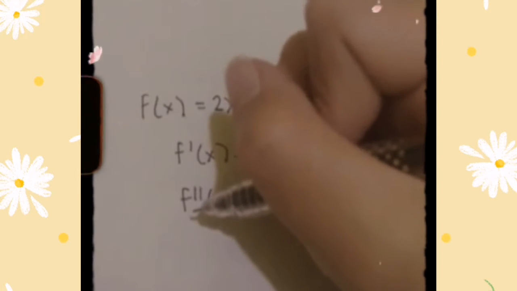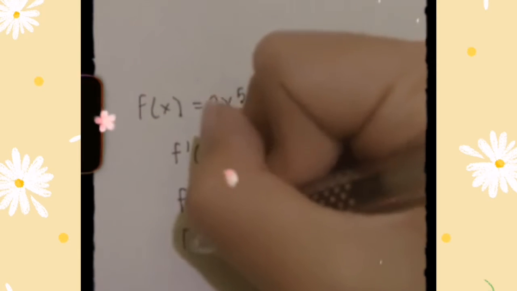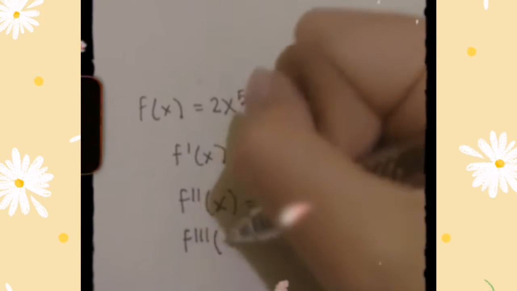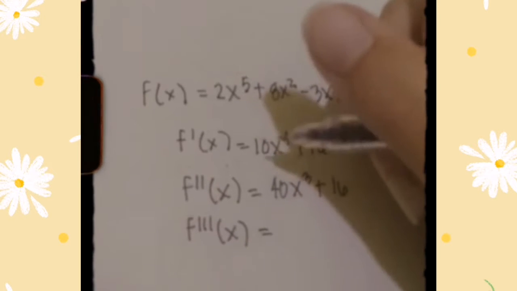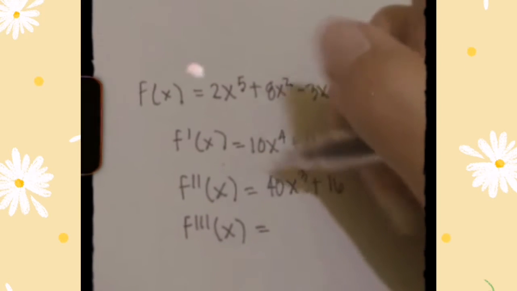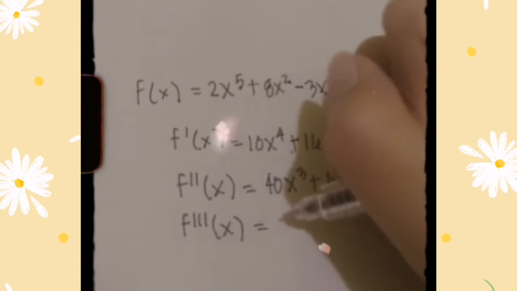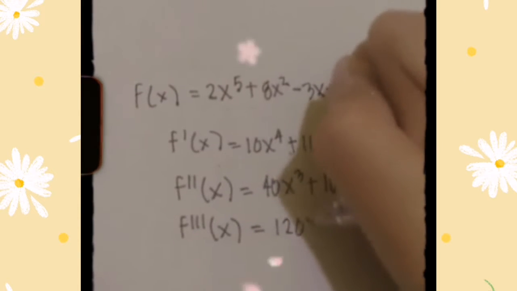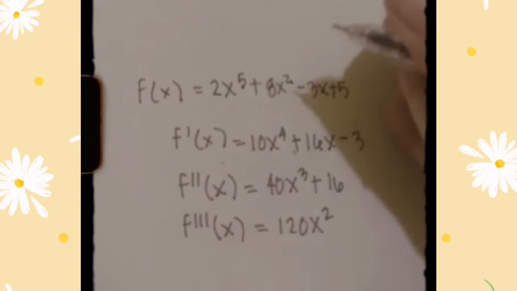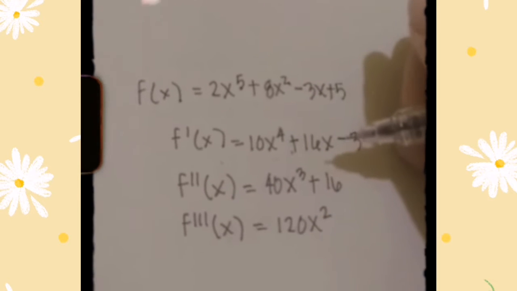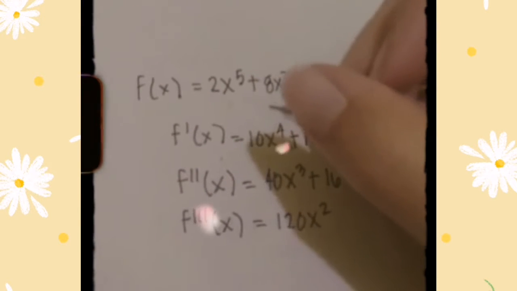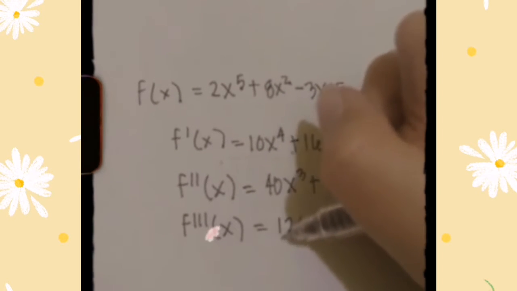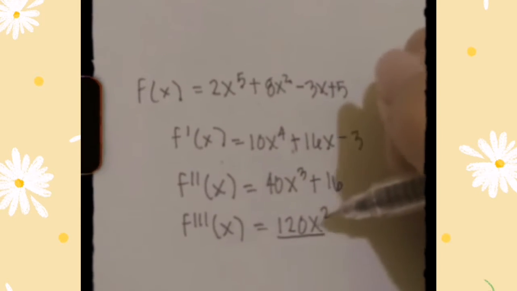And the third derivative, or f triple prime of x, is equal to the derivative of 40x cubed. So this will be 120x squared plus the derivative of 16, which is 0. So our third derivative of the function is 120x squared.